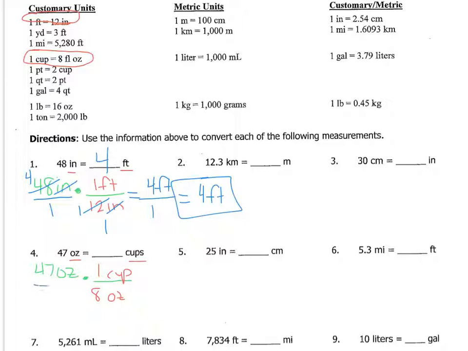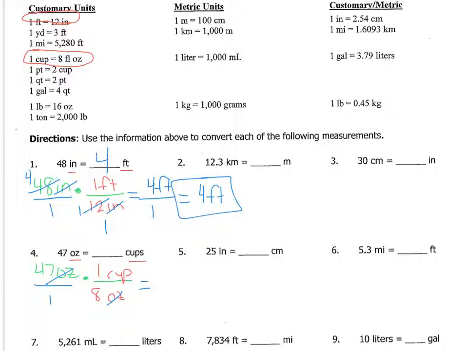Now I'm going to make 47 ounces a fraction, and then I'm going to simplify if I can. If I look diagonally, the ounces cancel each other out, but there's nothing that divides 47 and 8, so that does not simplify. If you look at the other diagonal, 1 and 1, those don't simplify anymore either.